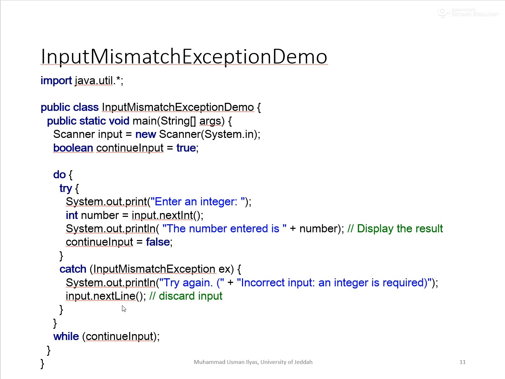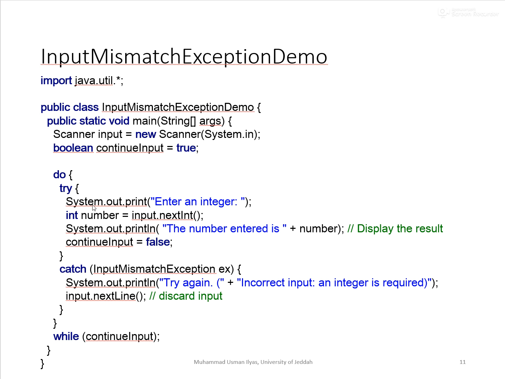And we call the nextLine method on input in order to discard whatever input was received, and get to the end of the do while loop. This continueInput flag was initially set to true, and it will stay true if there's indeed an InputMismatchException, because continueInput is set to false only if we pass by this line and the next line and reach the line where continueInput is set to false.